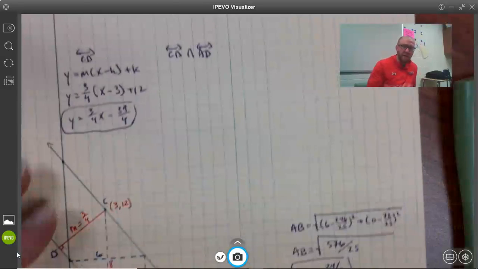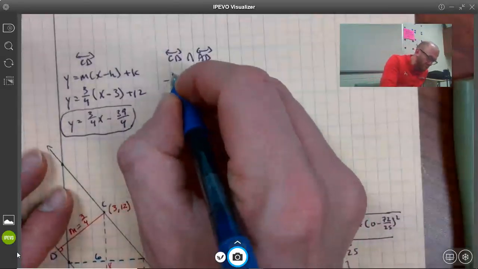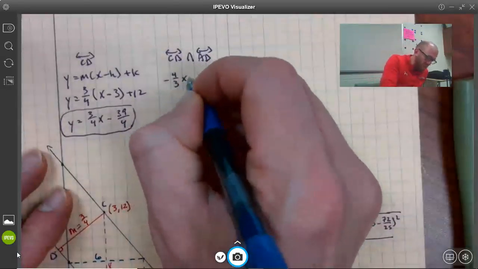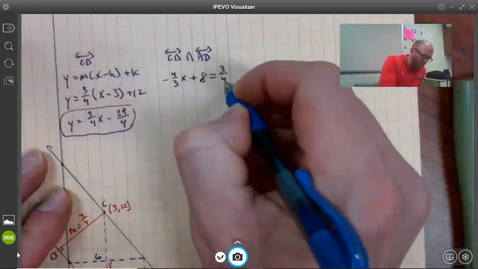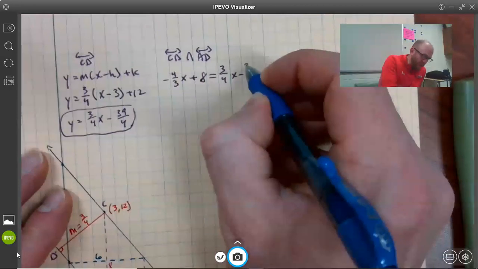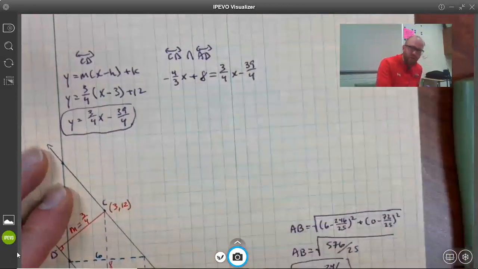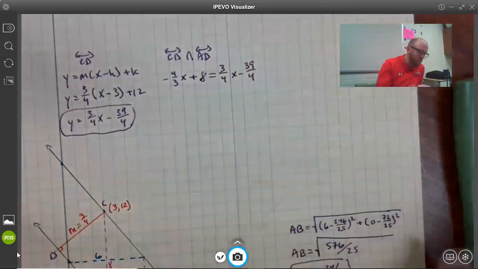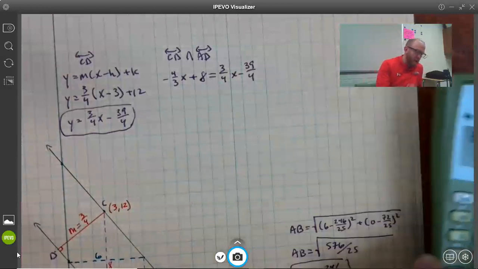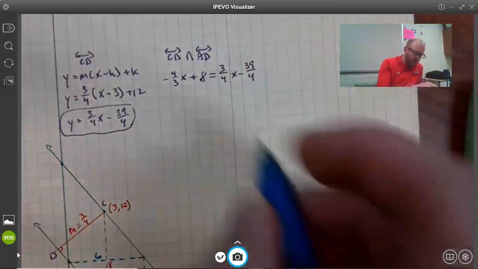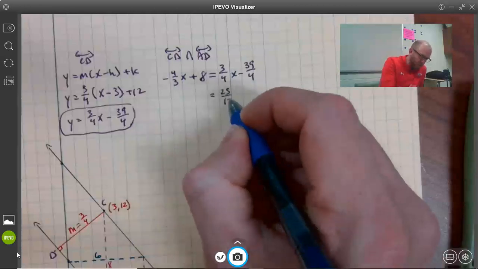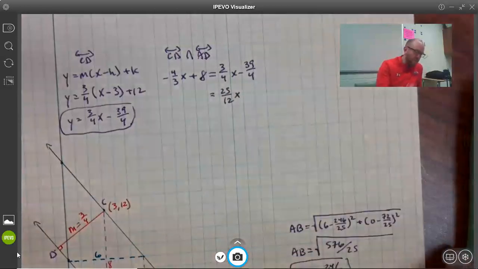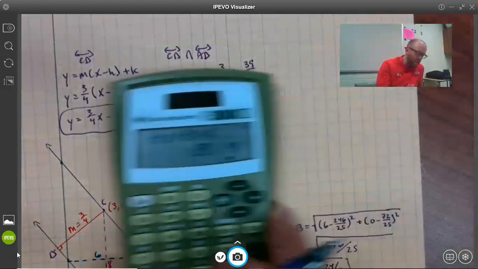Alright, so negative 4/3 x plus 8 equals 3/4 x minus 39/4. Okay, so we'll add 4/3 to each side. We've already done that on the previous one, so we get 25/12 x, and then we'll add 39/4 to each side.